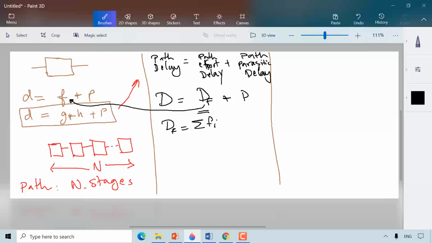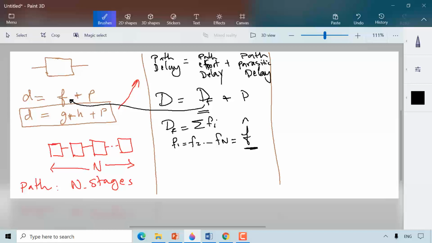When we optimize all the stages, here is what we will say, that all the stages, stage 1 and stage 2, stage n, will all be equal and equal f hat. What we will try to do here is to find out what this f hat is, which is pretty much the stage effort delay. So what is f hat? Well, f hat is defined as follows.